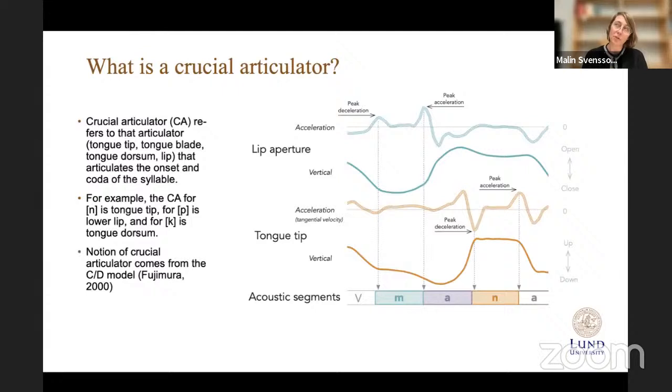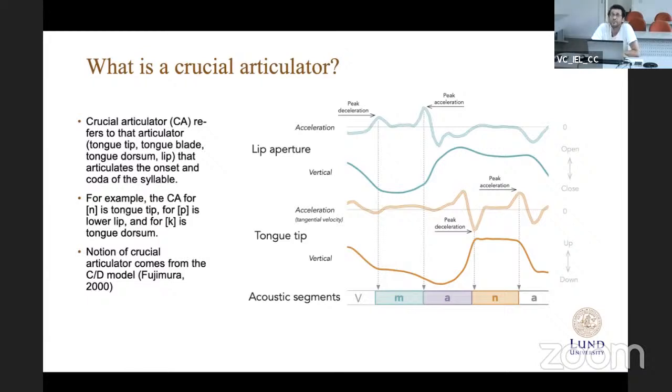So the jaw displacement pattern is affected by the type of constriction in coda and onset and the type of vowel and other things as well. There's a lot of effects, so you need to control for that. I didn't talk that much about the jaw lowering now, but Donna's talk has way more information about that.